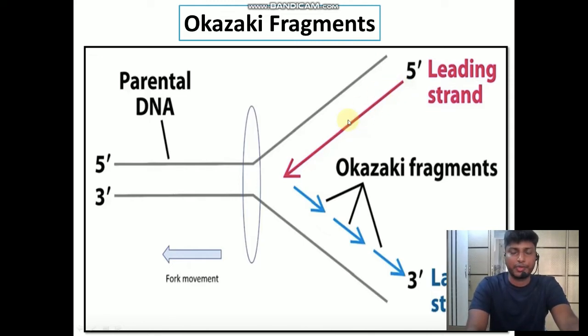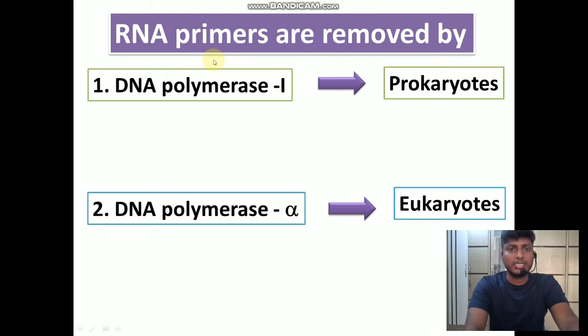The other strand is formed in a continuous manner, right? So please remember that one strand, the leading strand, is moving in the direction of the fork, whereas the lagging strand is moving away from it. Now please remember, dear students, once the two strands are being formed, the lagging strand and the leading strand, the primers are still there, so the RNA primer has to be removed.